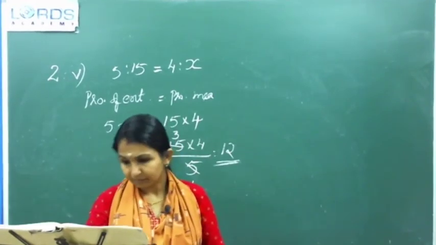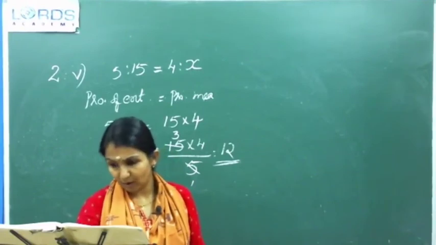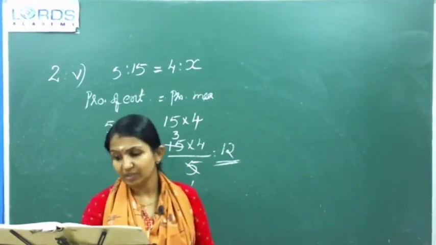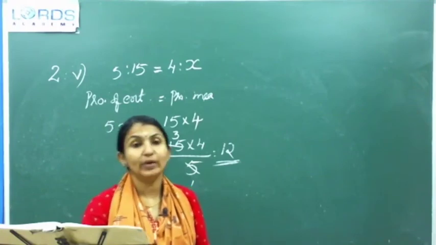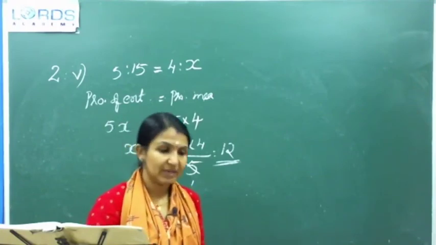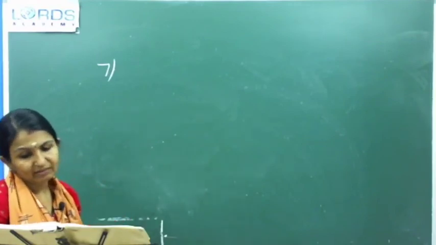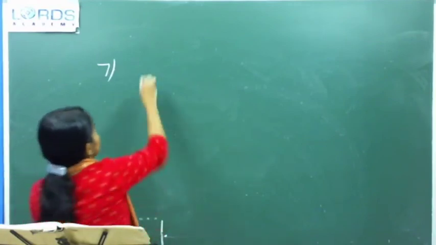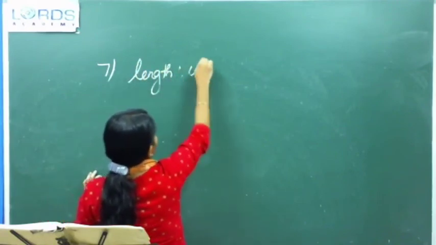Seventh one. The ratio of length and width of a school ground is 5:8. Find the length if the width is 40 meters. So, what is given? Ratio of length and width means length is to width.